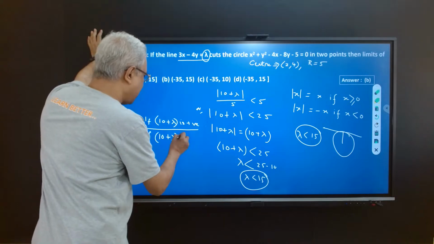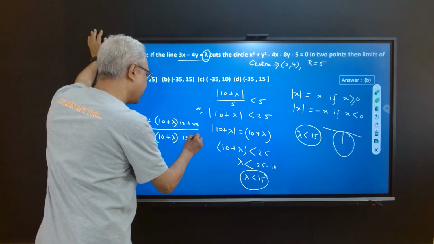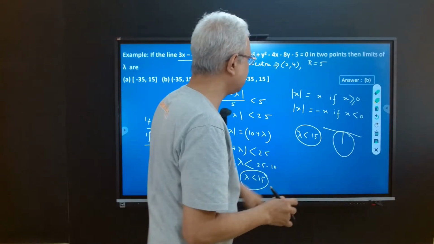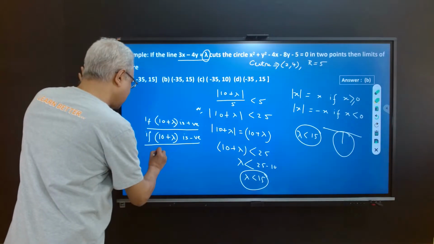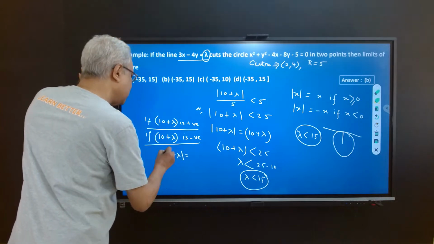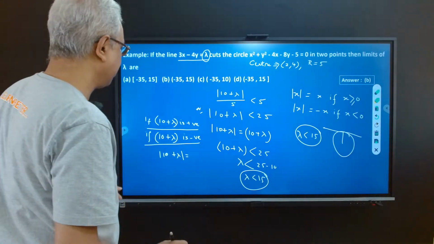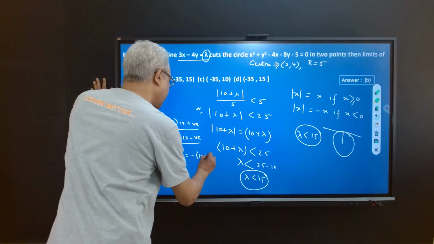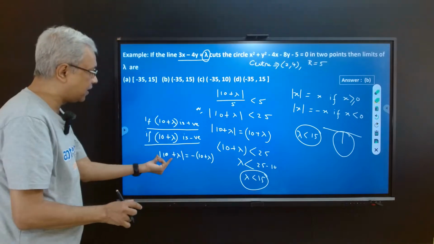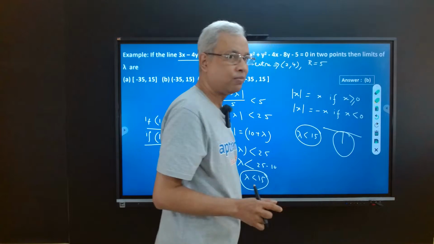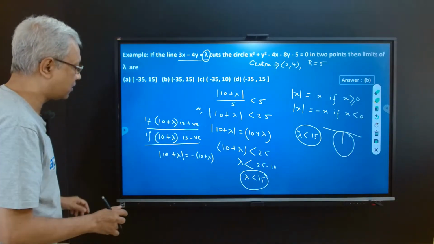And if 10 plus lambda is negative, then if x is negative, mod x is minus x. So in that case, mod 10 plus lambda is equal to what? Minus 10 plus lambda, because 10 plus lambda itself is negative, so mod x is minus x. So it is minus of 10 plus lambda.